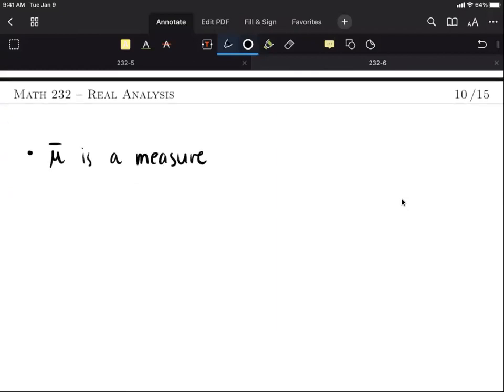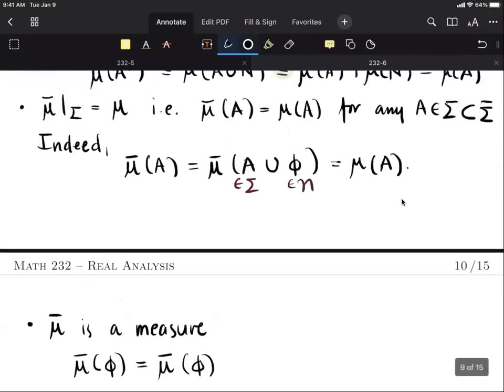Okay, so if we take, for instance, this empty set, well, we can write this from this part here. Let us call this double asterisk.